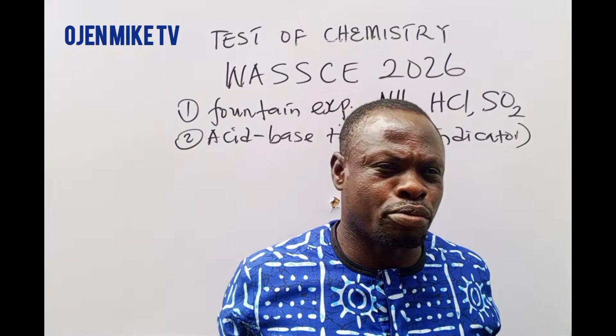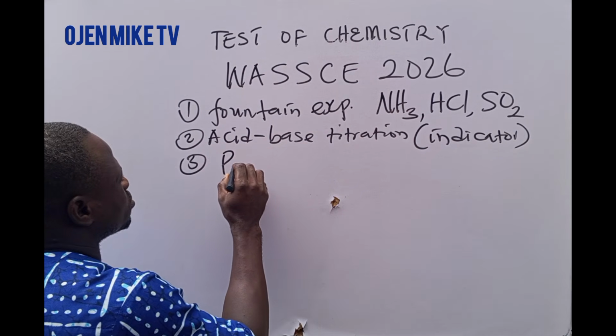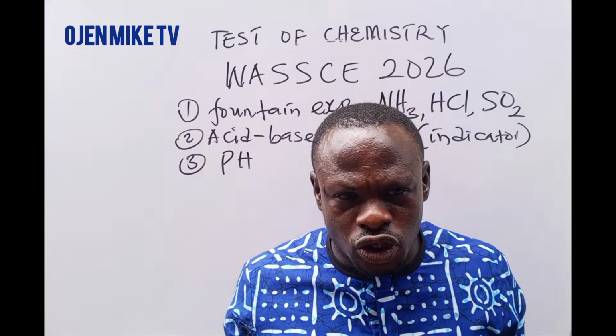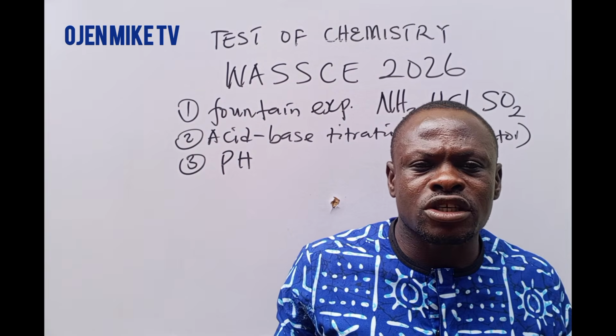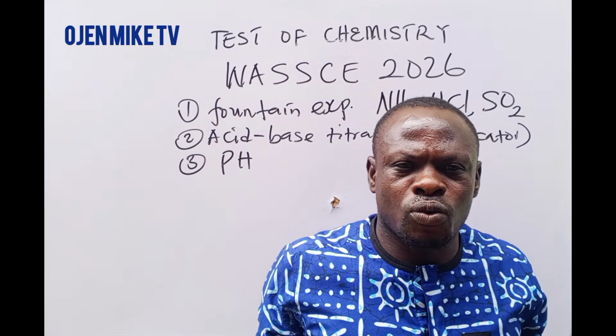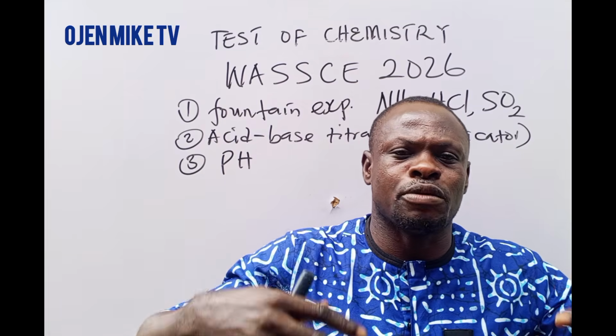It's very, very simple. The next thing you have to know is your pH. What is the pH of your acid before titration, and the pH of your base before titration, and what is the pH of the end point when acid reacts with base? At the end, of course, salt and water is formed. What is the pH?